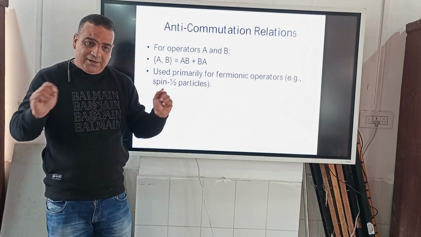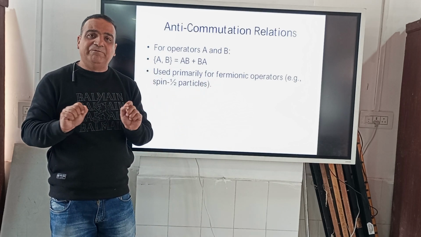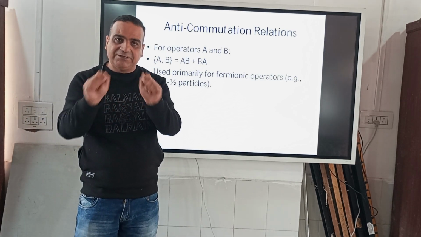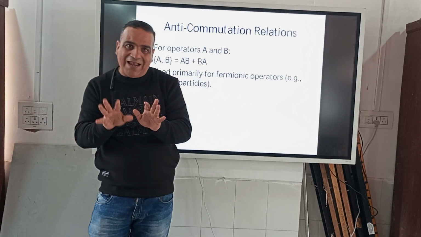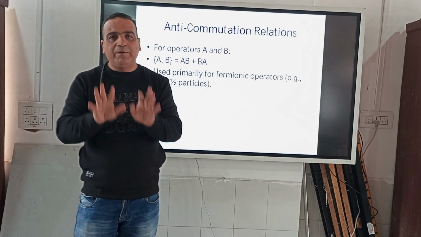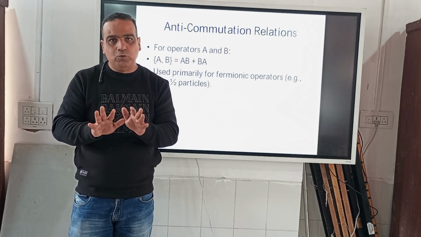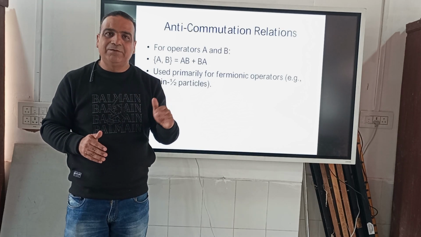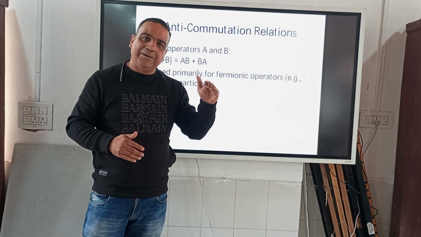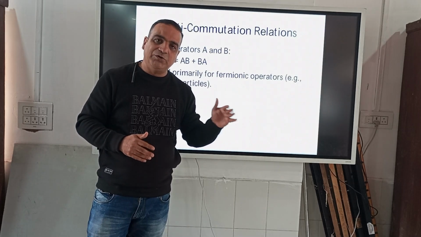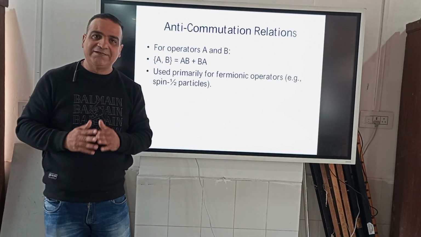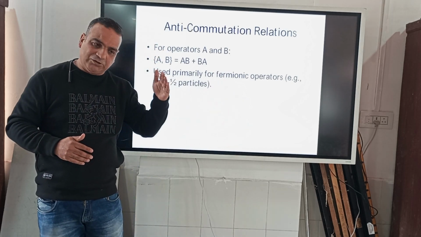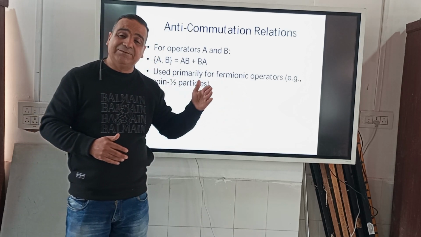Now suppose in our mathematical framework we have two fermionic particles, because anti-commutation relations are valid for fermionic particles. We understand that if you have to sequence them in a system, you have to do so in accordance with the Pauli exclusion principle. This principle tells us that you cannot have identical fermionic particles in the same quantum state.